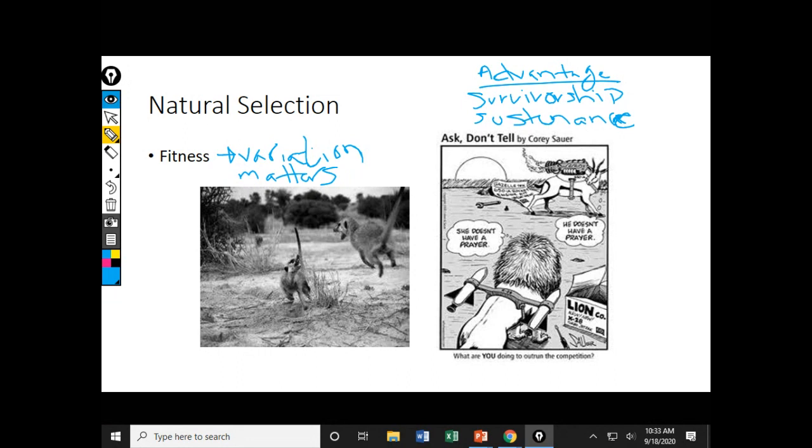I am more competitive at getting nuts, or building a nest. I'm better at fighting for the best plot of land. Whatever it is that you need for your daily living expenses, you're more competitive at getting them.